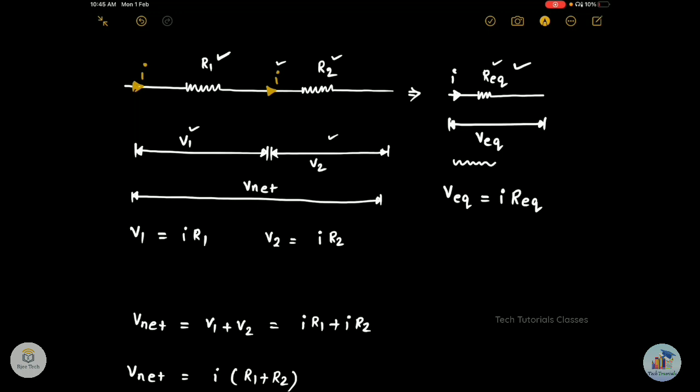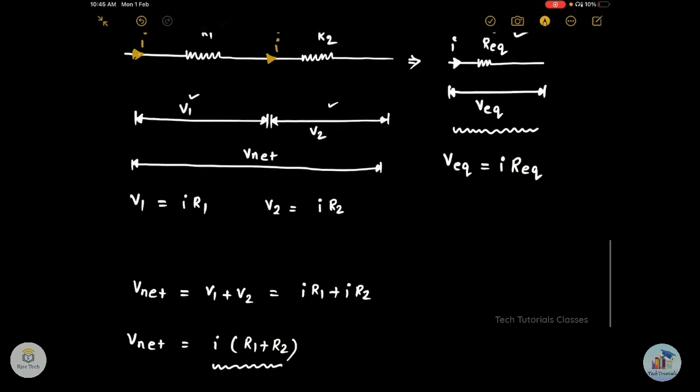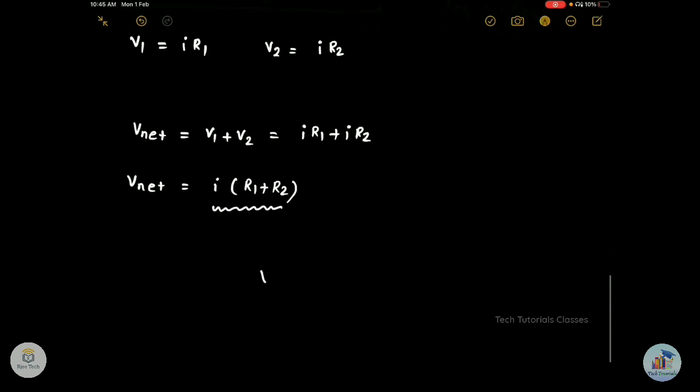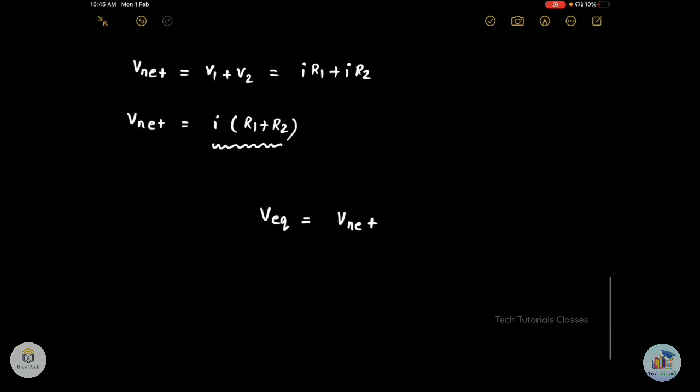So by the definition of equivalent resistance, V equivalent must be equal to V net, right? Now just put the formula. I times R equivalent will be equal to I times (R1 plus R2). So that means R equivalent is equal to R1 plus R2.